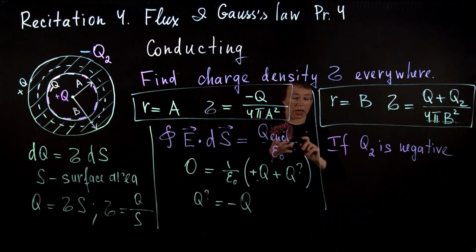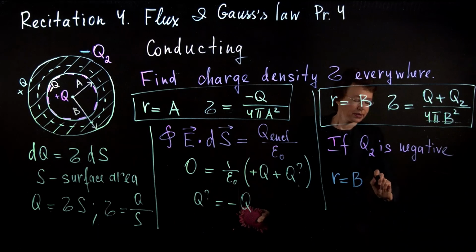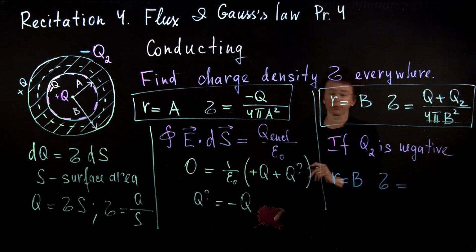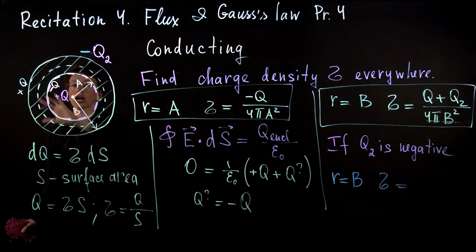So at R equals B, sigma is equal to the total charge built on the outer surface of this shell.